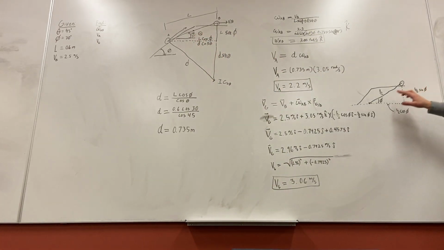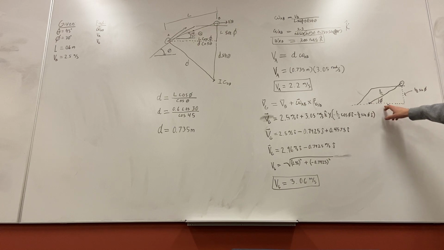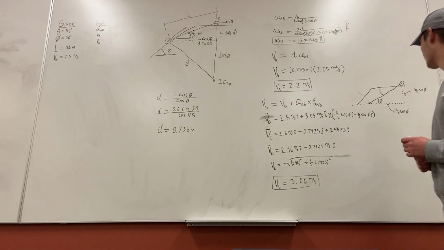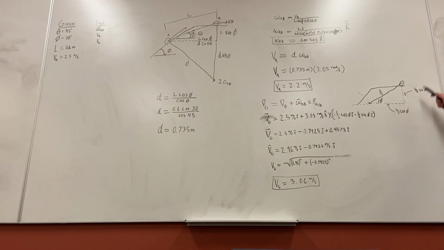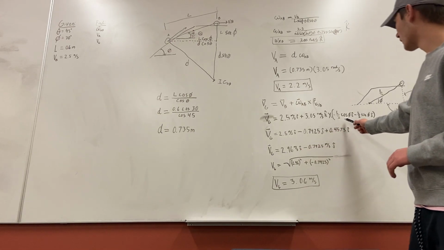And then you make triangles again, and you would use this as the hypotenuse. So this lower side would be L over 2 cosine of phi, and this other side would be L over 2 sine of phi. That gives you your I hat and J hat positions, and from there you can plug those in.